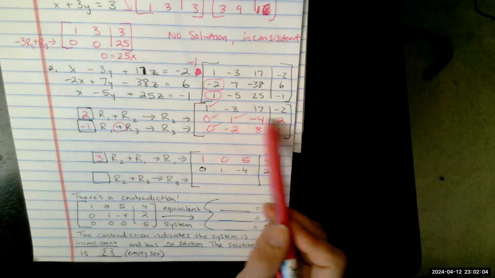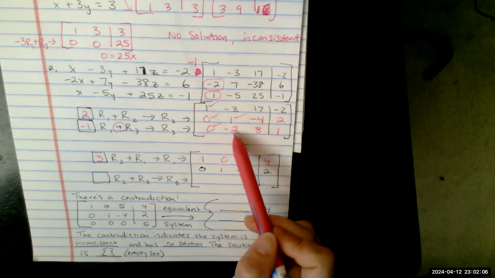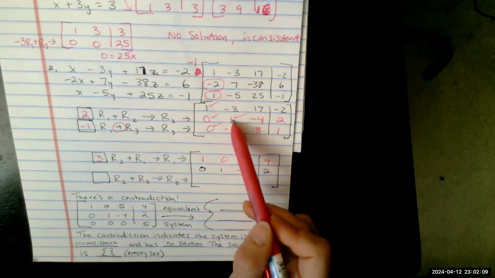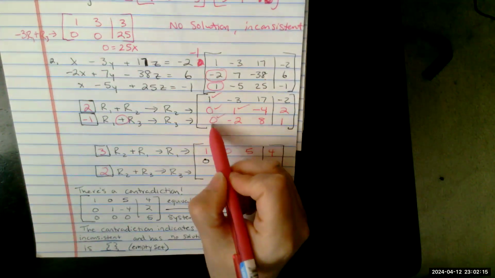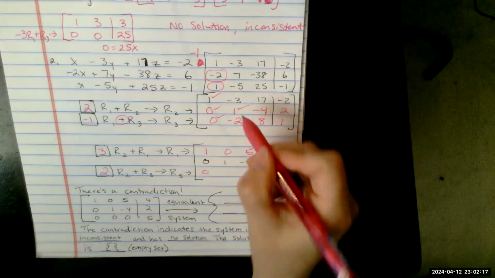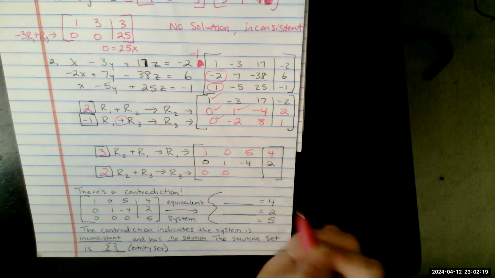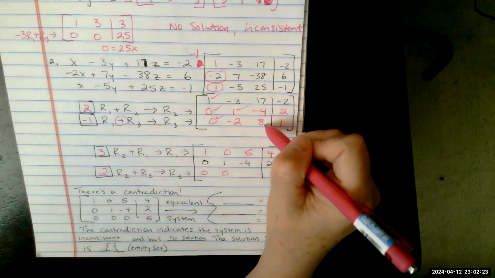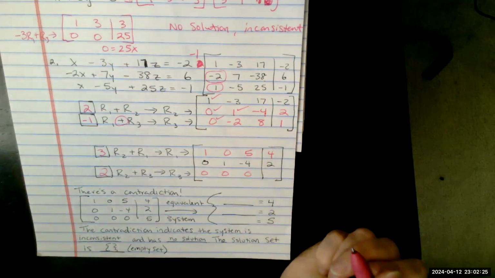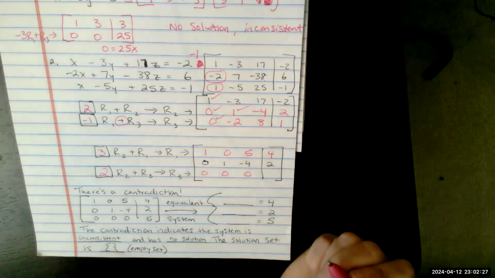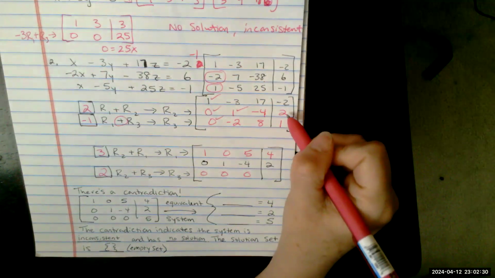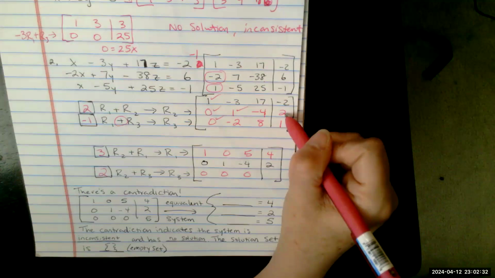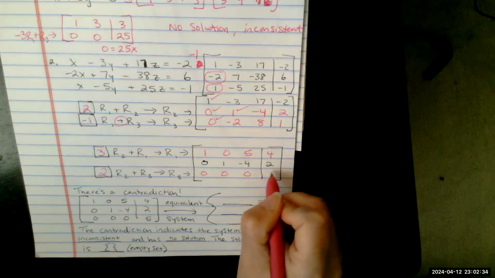Well, R2 is this. So if I want to get a 0, I would like that to be a 2. So I'm going to multiply R2 by 2 and add it to R3. So 0 and 0 is still good. This becomes a 2, which gives me my 0. This becomes a negative 8 plus 8. I didn't need that, but that means it's going to be one of the special cases. And 2 times 2 is 4, plus 1 is 5.